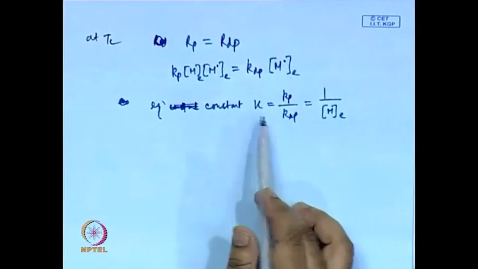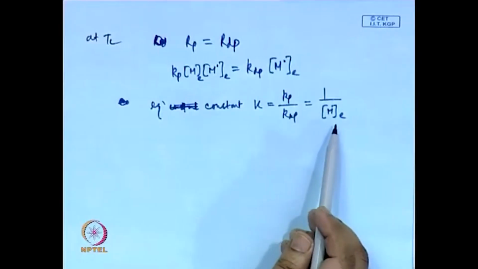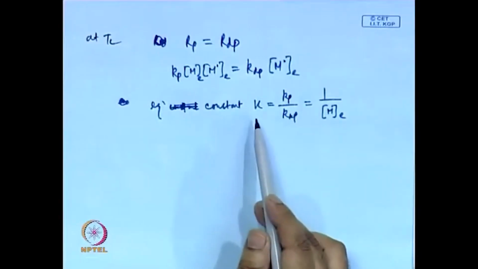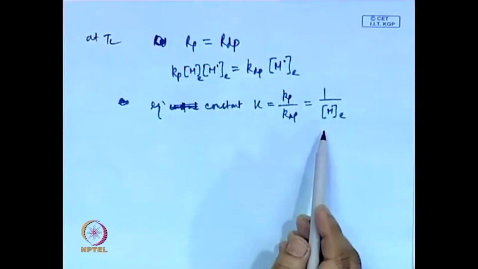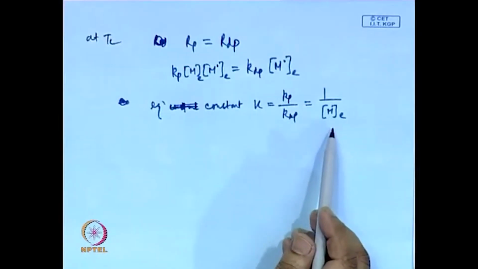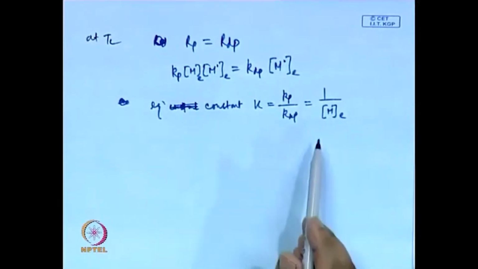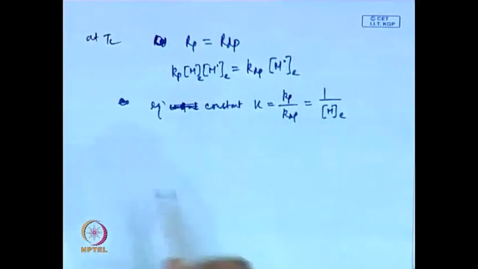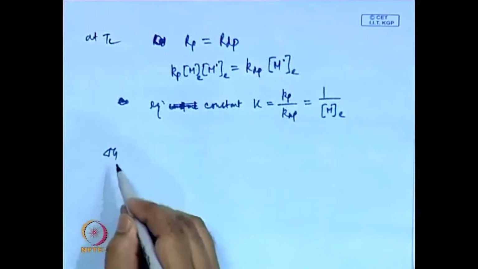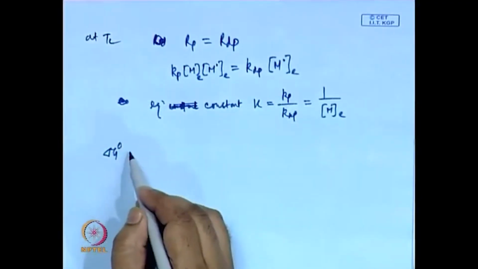Now, this is a special case where you do not see the concentration of product appearing in your equilibrium constant. It is only the reactant, in this case the monomer, which appears in your equilibrium constant value. Now, I can write a few thermodynamic expressions.